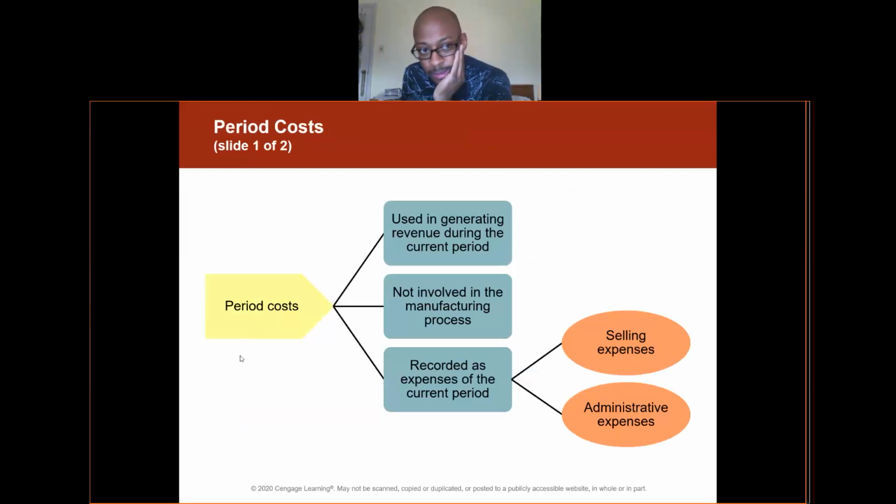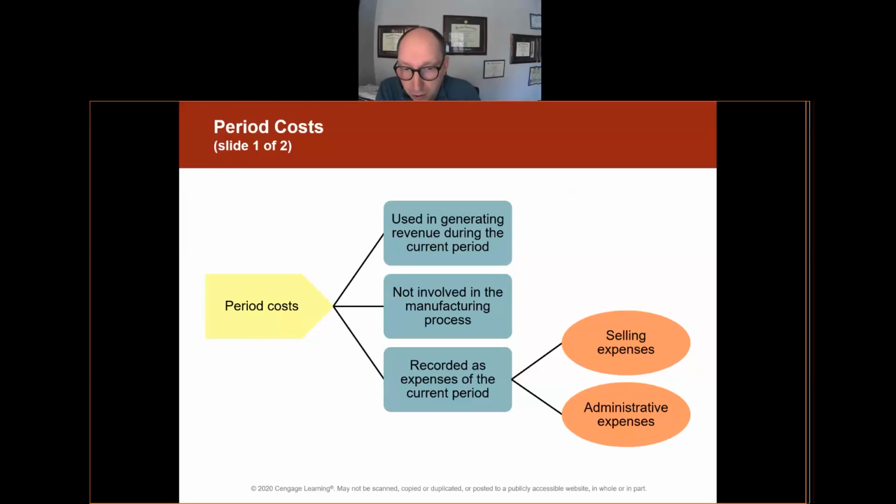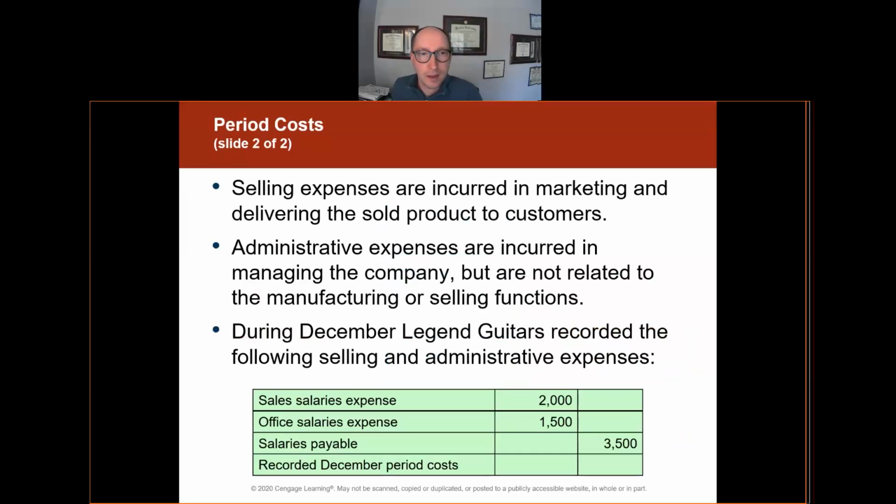And as I said earlier, throughout the accounting period, we incur related costs. We call these period costs. These are the selling and administrative expenses that are incurred during the period, and we record those as period costs on our income statement as selling expenses and administrative expenses. Selling and administrative expenses include things like marketing and shipping.